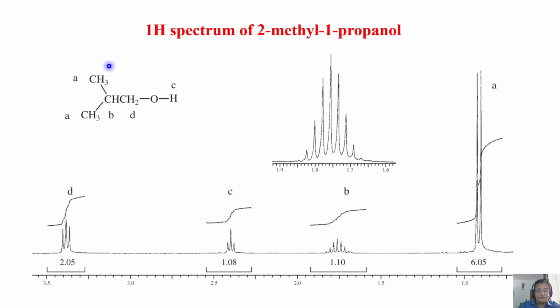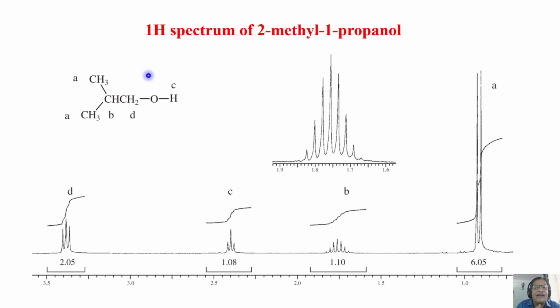Now, we have to start looking at where these protons appear in the proton NMR spectrum. Let us start from the right side of this molecule, the OH proton. Normally, OH protons and NH protons are labile protons.